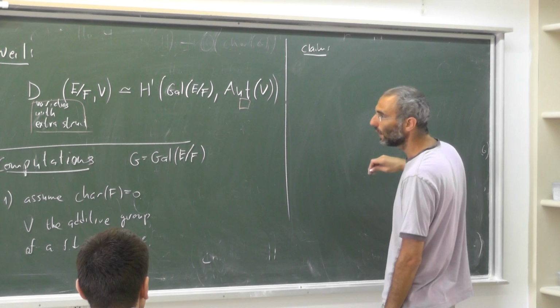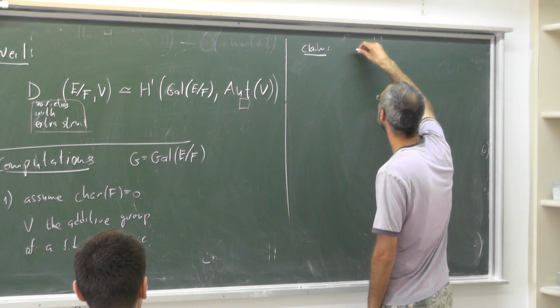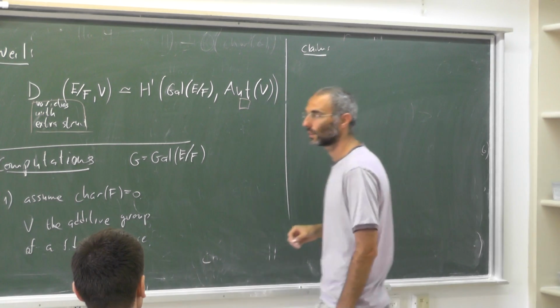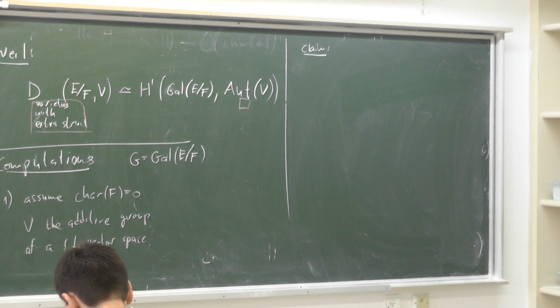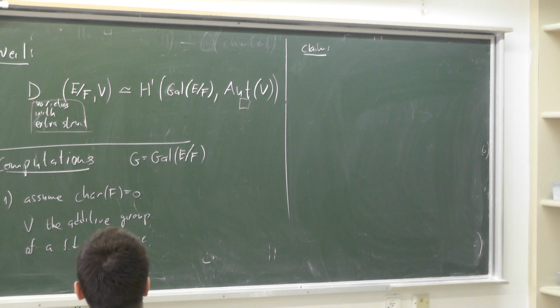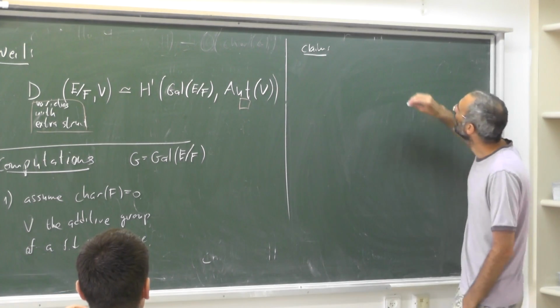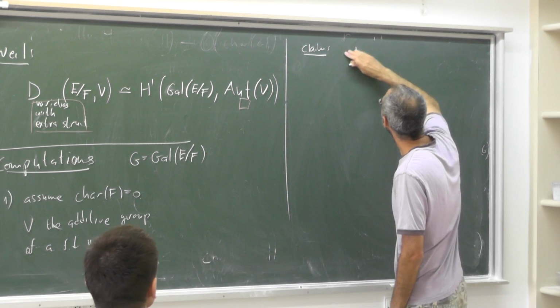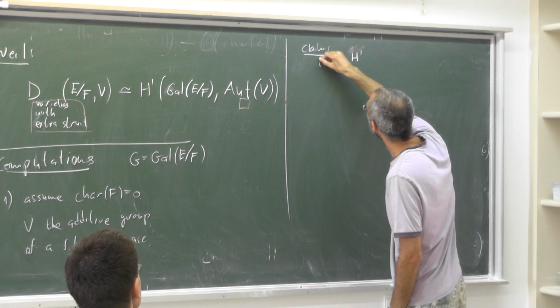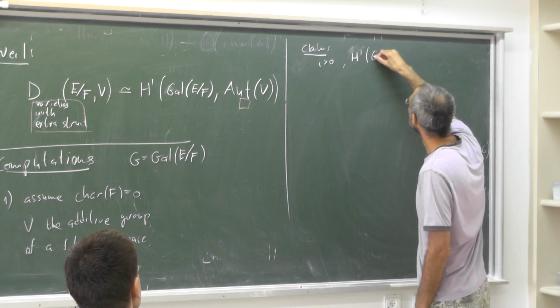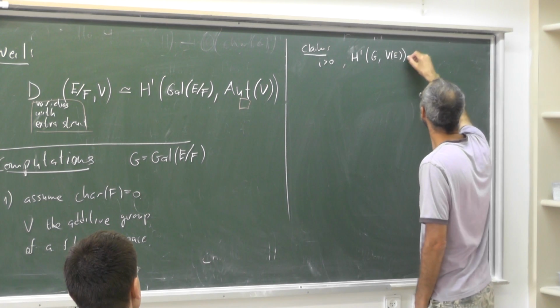And now I want to claim that H^i(G, V(E)) is 0 for i bigger than 0.